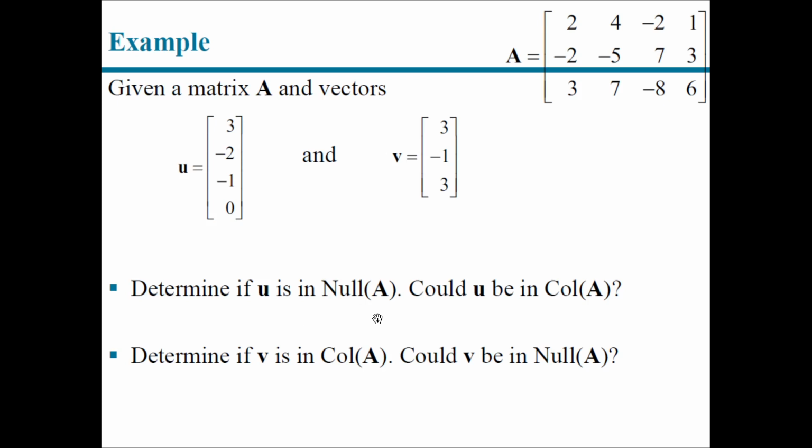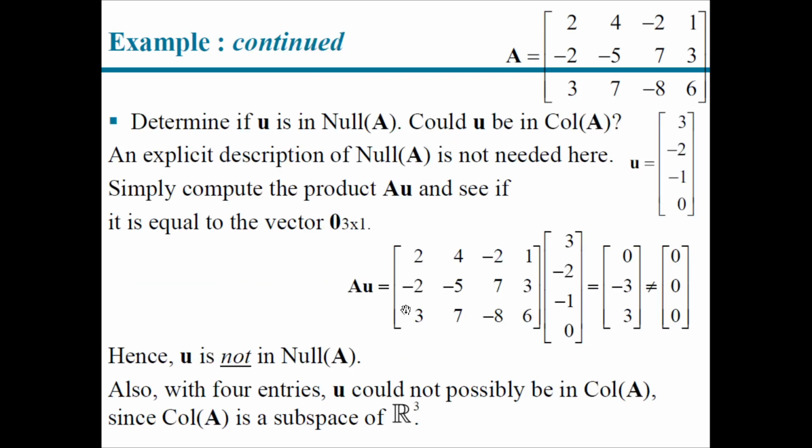So to see if U belongs to the null space of A, we just multiply A times U and see if the result is 0. If it's 0, well, U belongs to the null space of A. If the result is not vector 0, then U does not belong to the null space of A. That's it. So let's check. A times U, the product here, is not vector 0, sorry.